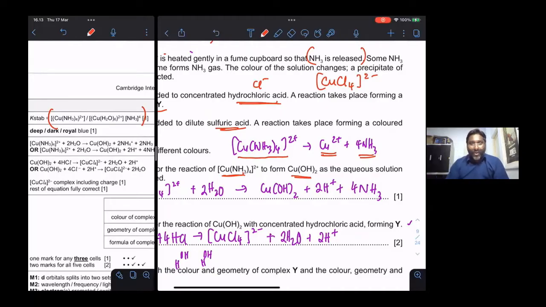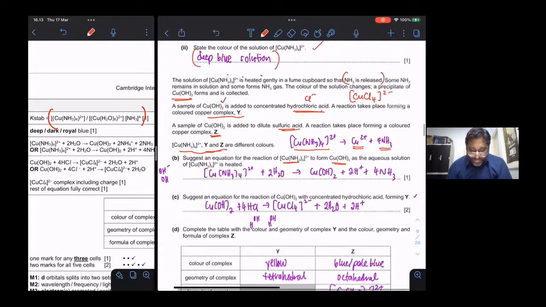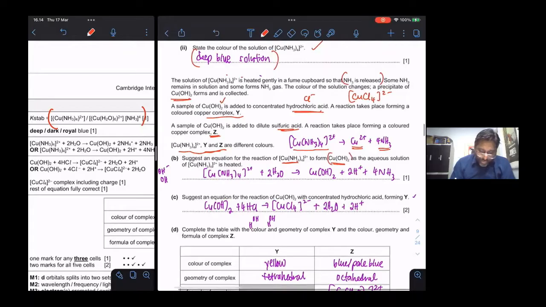Now this copper 2+, after that they say you are going to suggest an equation to form CuOH2 as the aqueous solution is heated. So what happens? You are going to form CuOH2.